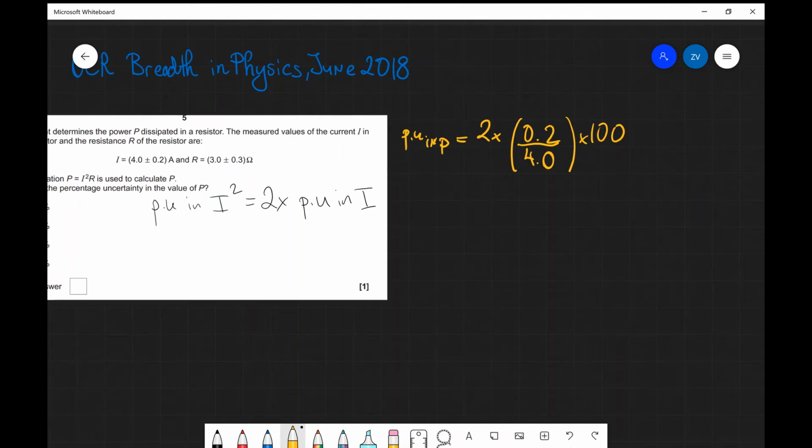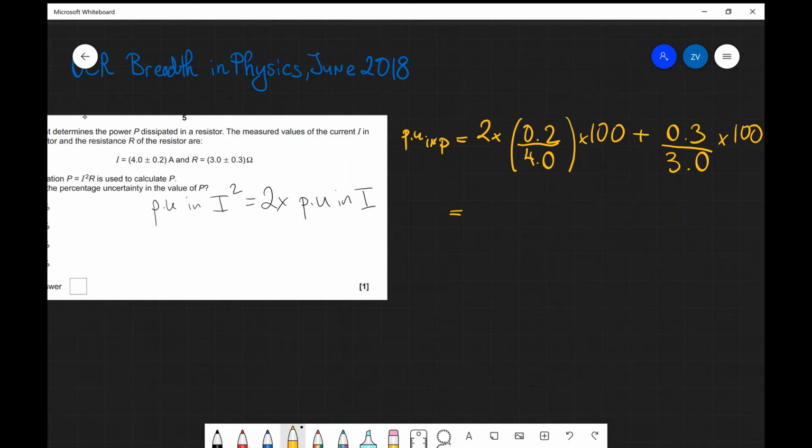And to that, we need to add the percentage uncertainty in R. We don't need to multiply by a factor because it's not R squared or R cubed or anything like that. It is simply R, so the percentage uncertainty in R is going to be 0.3 over 3.0 times 100 once again.